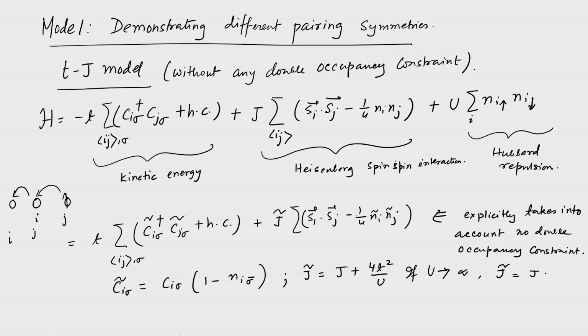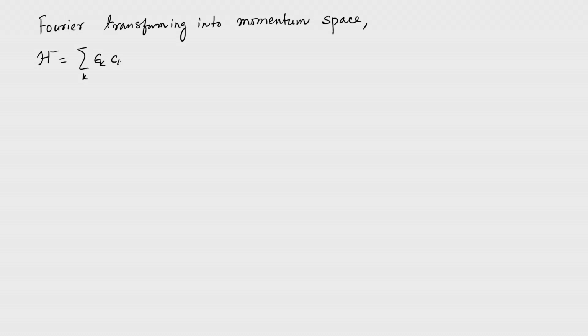So, in order to do further simplification to this model, let us write it down in the momentum space. One gets H as a function of k now, and the kinetic energy becomes somewhat simpler.